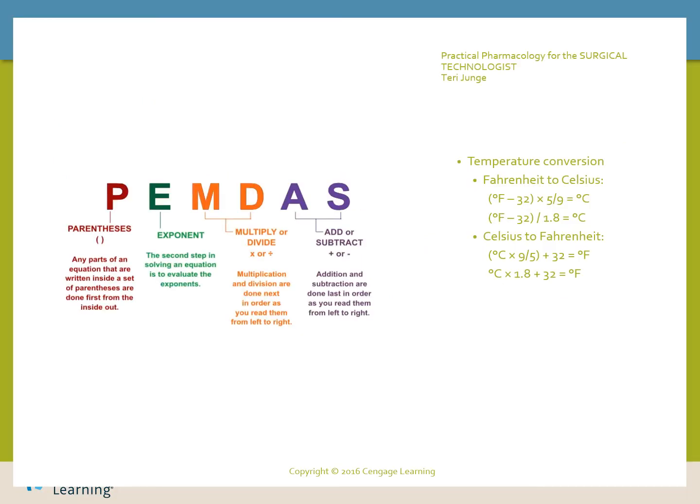All right, so do you guys remember when we went over temperature conversions from Fahrenheit to Celsius and Celsius to Fahrenheit? Well, shake out the cobwebs. Here are the formulas that we can use to do those conversions.